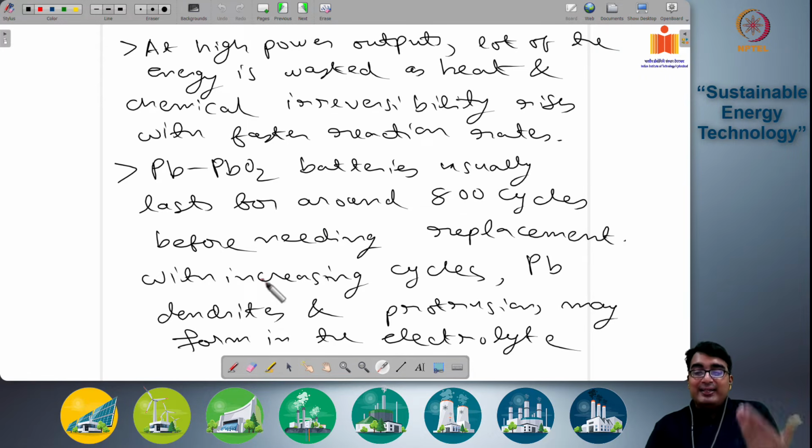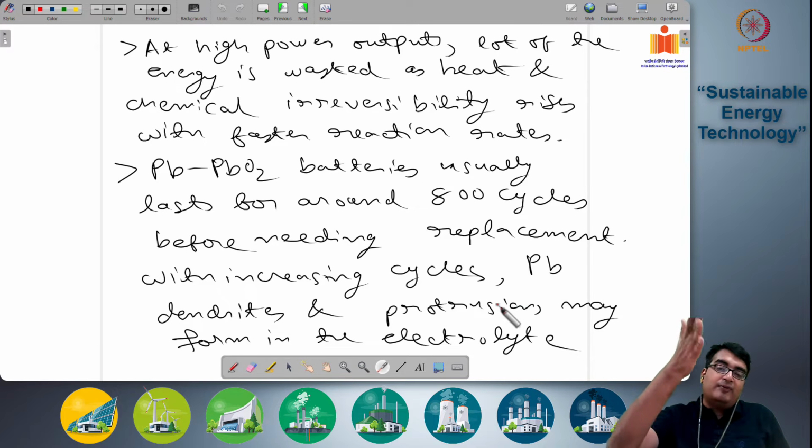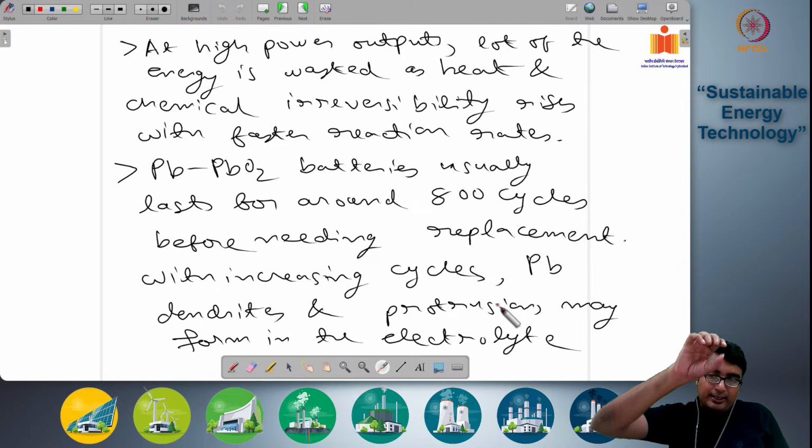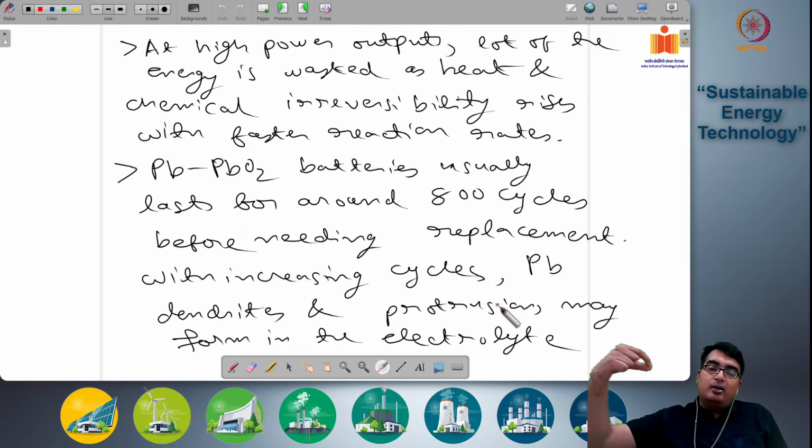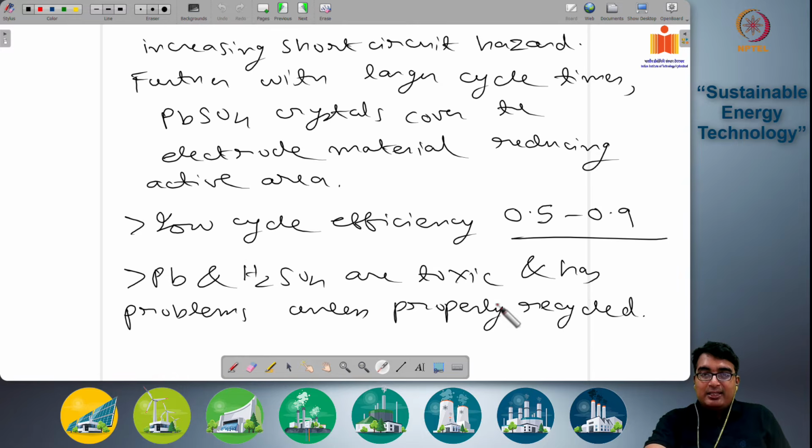So with increasing cycles, the material structure of the electrodes degrades, and lead dendrites and protrusions may form in the electrolyte. The electrolyte surface no longer remains smooth, but there can be lead dendrites or protrusions extending into the electrolyte system itself, increasing short circuit hazard.